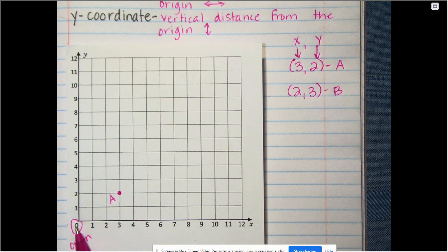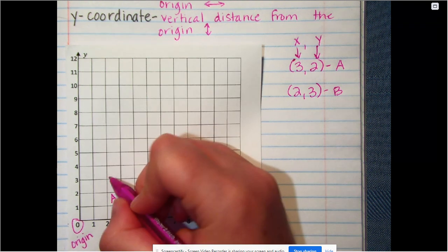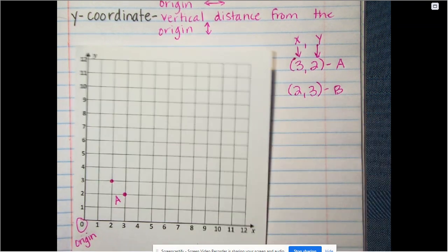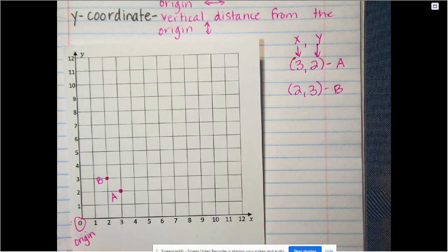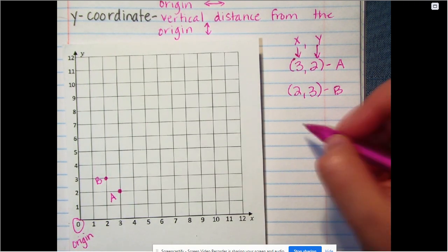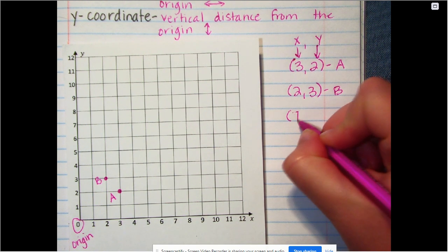So I'm going to start at the origin, and I'm going to count 1, 2 away from the origin for the horizontal x, and then I'm going to count 1, 2, 3 away from the origin for my vertical y. And then I'm going to label that B. And let's do one more example. Let's do point C. Let's do 7, 7.